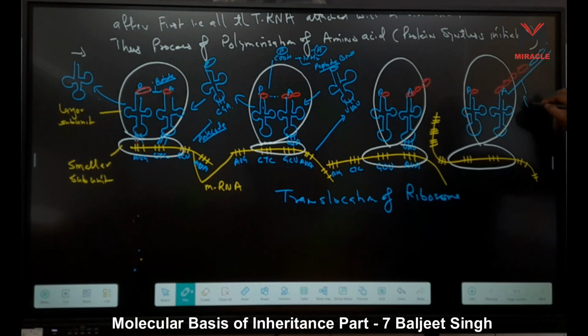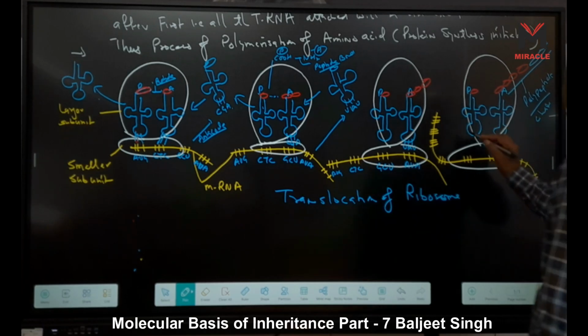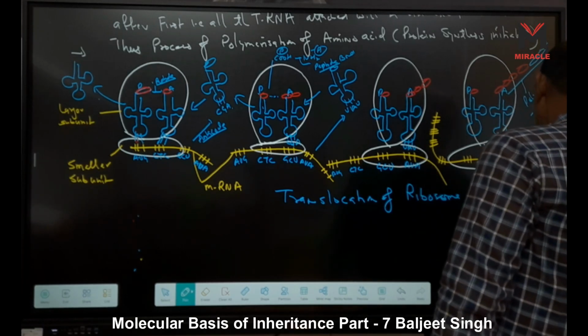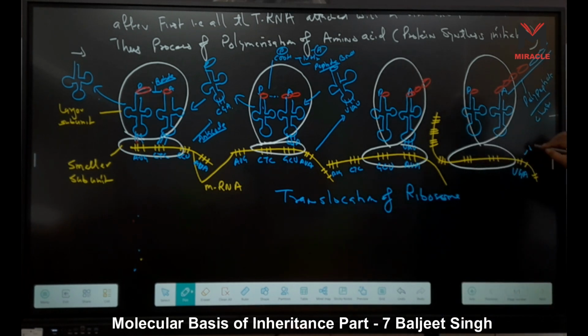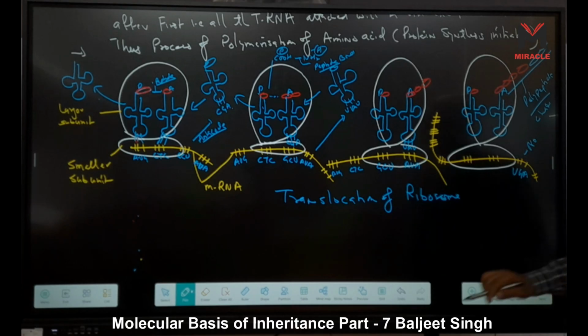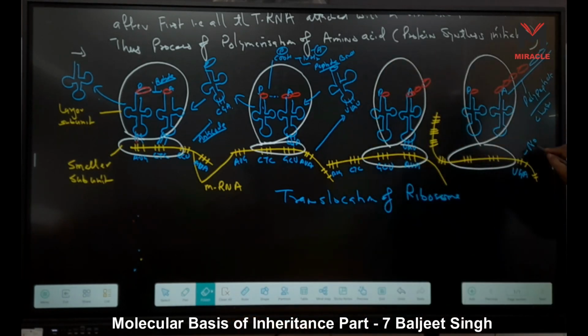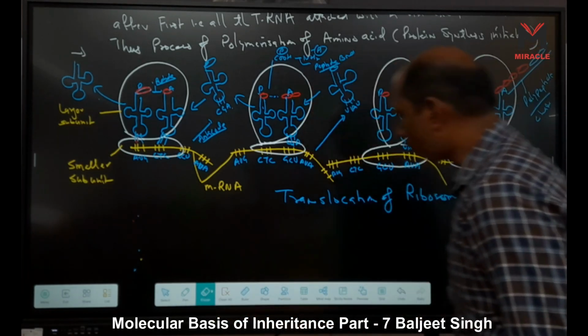This one is called a polypeptide chain, right? And it happens up to when UGA. UGA means no transfer RNA. For UGA, no transfer RNA is there. That means what happens?